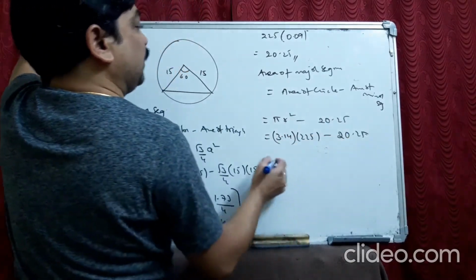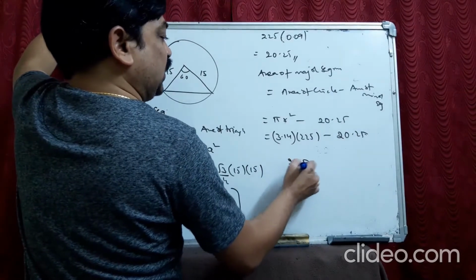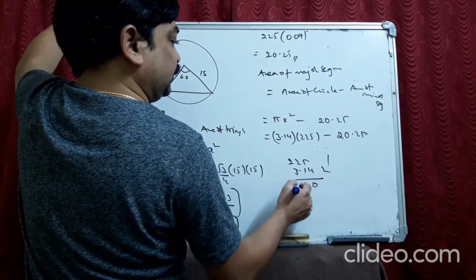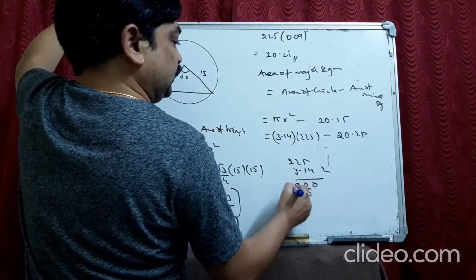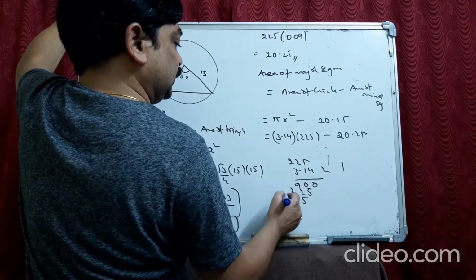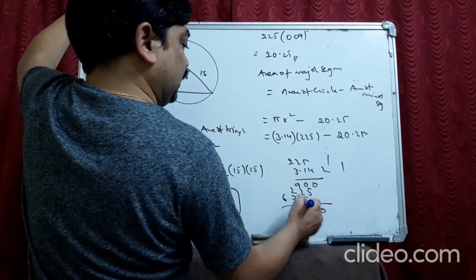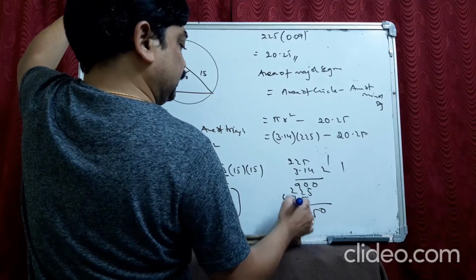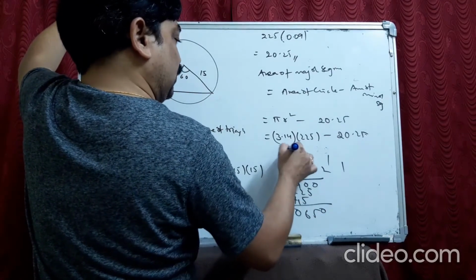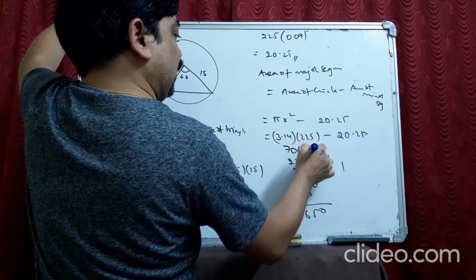Let's multiply this. 225 into 3.14 is 706.50.